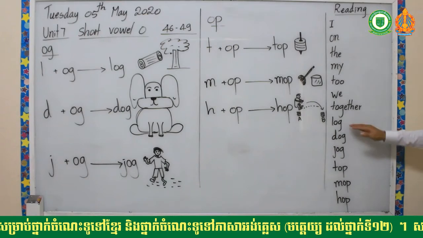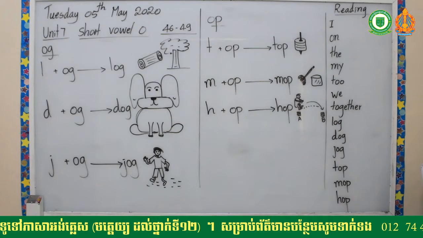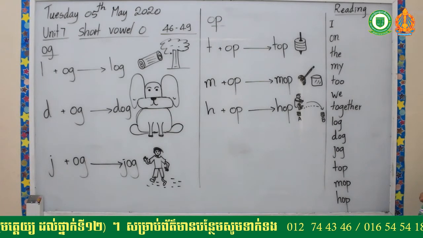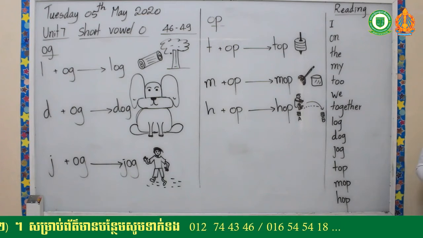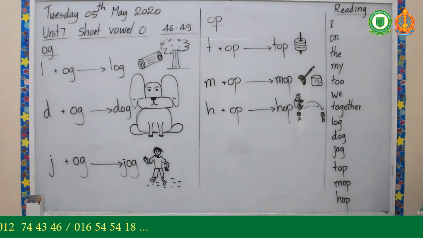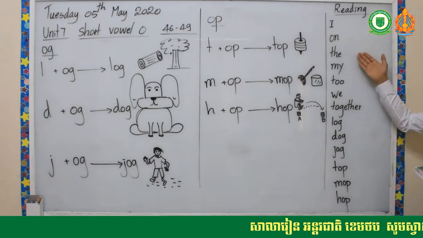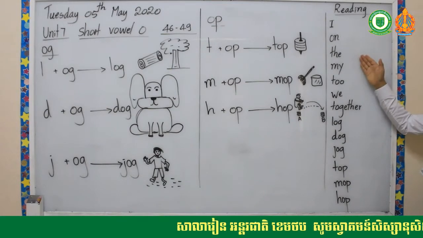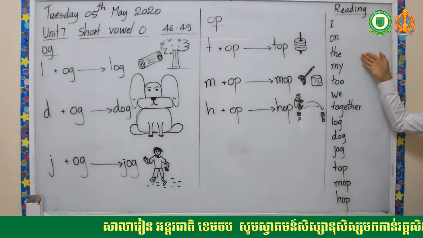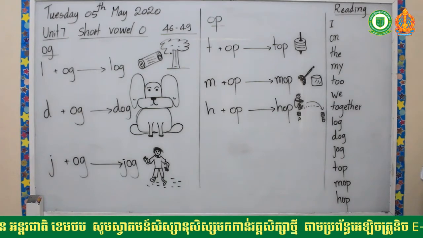We have more than 10 words, like the word I. Again, I. On, like on. The. Sometimes we pronounce the differently when we use it before a word that starts with a vowel sound, but most of the time before consonant sounds we pronounce the.